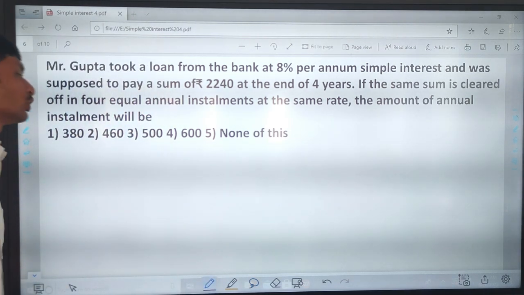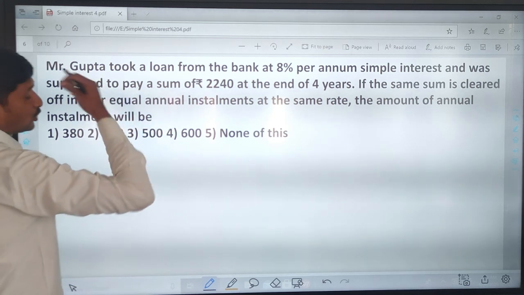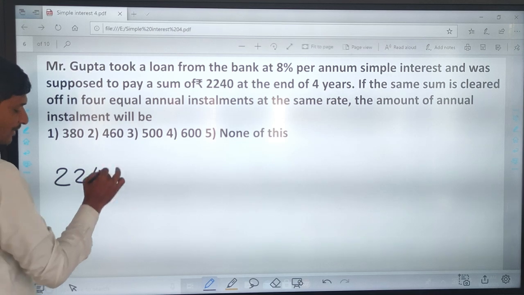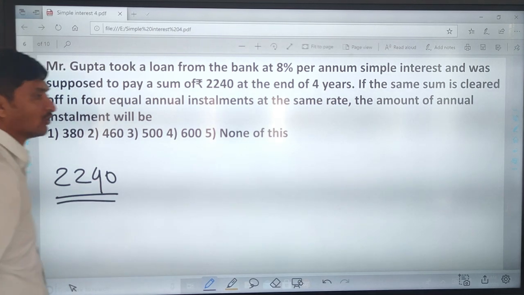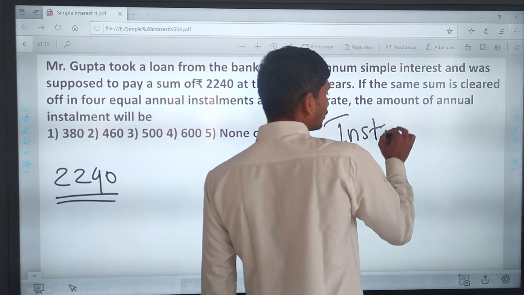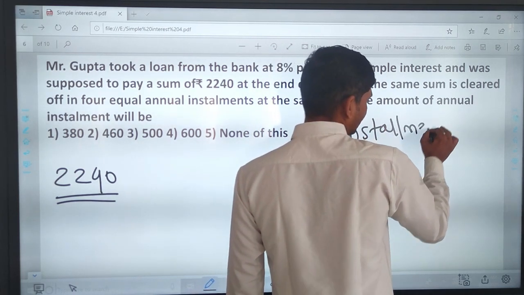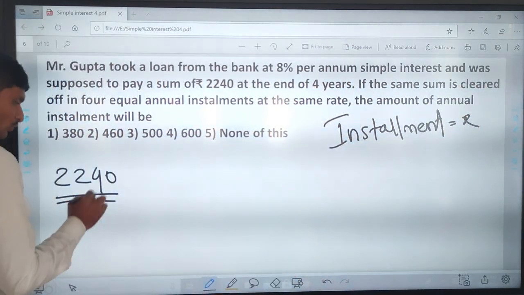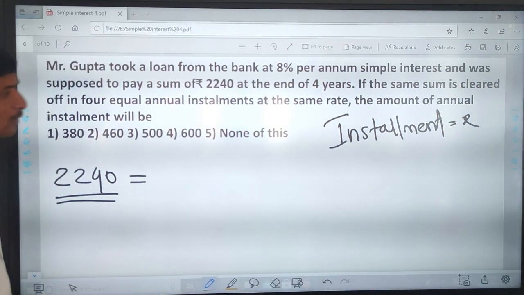Now here the total amount paid in 4 years is 2,240. This is your amount. Now here your installment is X. Now here we write a formula.